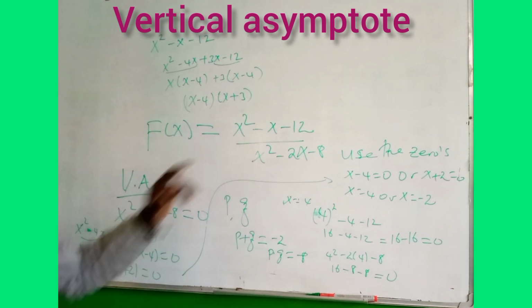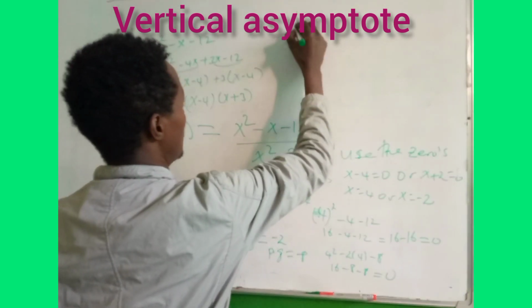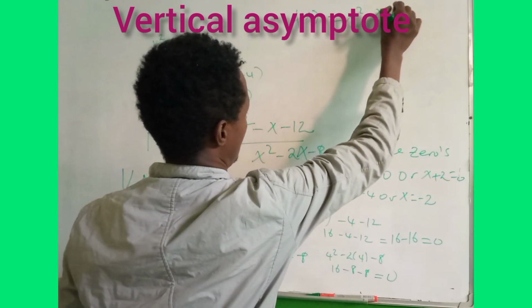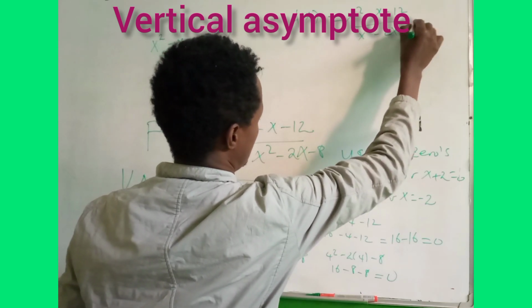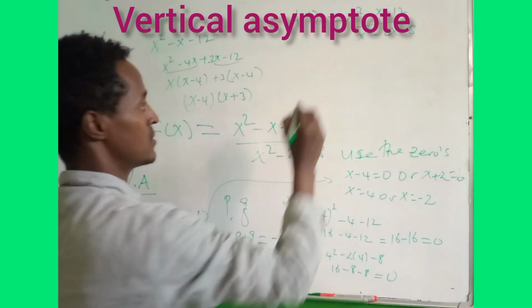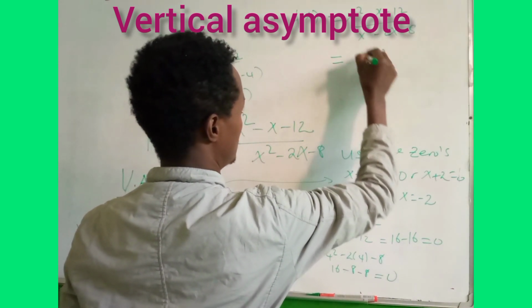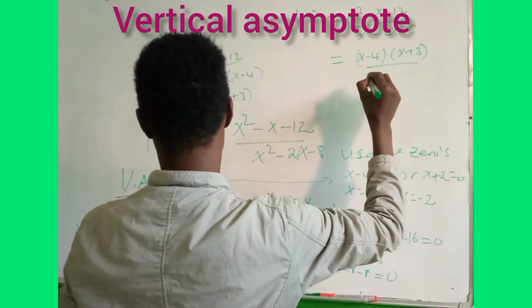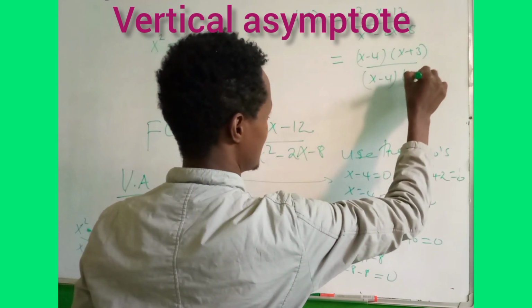For the denominator, we did it previously, and it is x minus 4 times x plus 2. So when we write f of x is equal to x squared minus x minus 12 over x squared minus 2x minus 8, this will be written as x minus 4 times x plus 3 over x minus 4 times x plus 2.